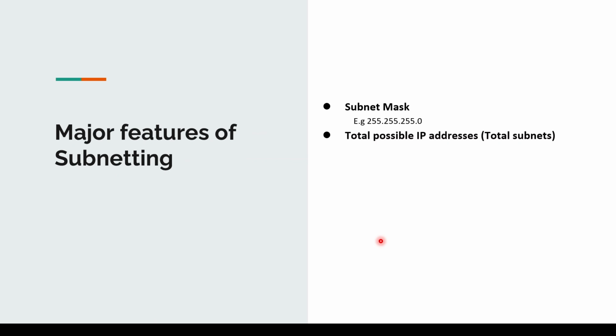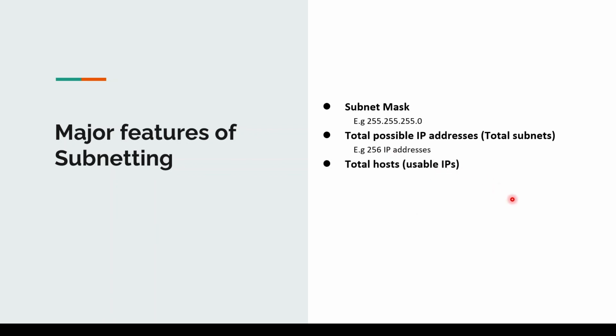Also, we have the total possible IP addresses that are possible on a particular network. For example, for the given subnet mask above, we have a total of 256 IP addresses. That is, with the 8 bits that are reserved for the host addresses, we can have a total of 256 IP addresses.